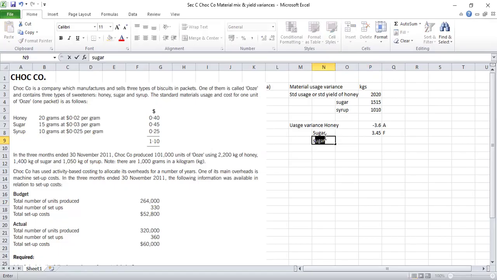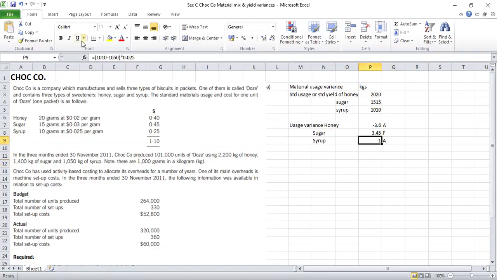Third one is syrup, which is equal to the standard usage 10 minus the actual usage, which is 1050, into standard price per kg 0.025. So we have minus 1, because actual usage is greater than the standard usage.